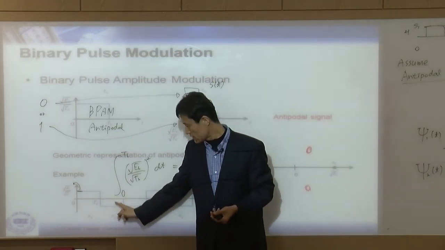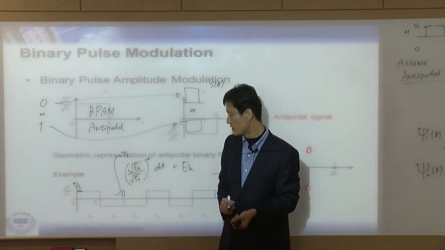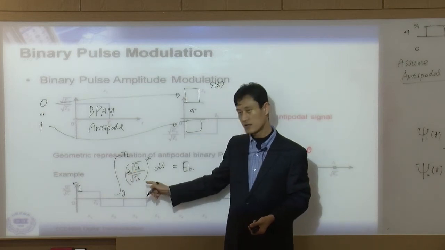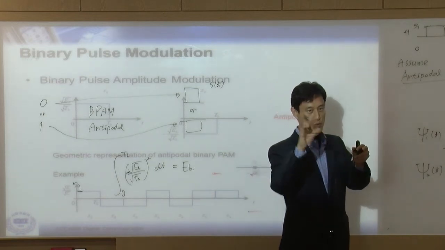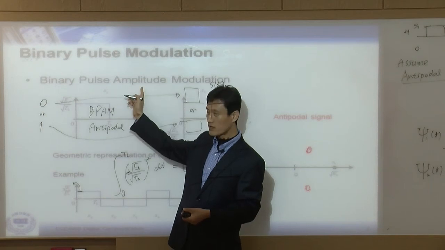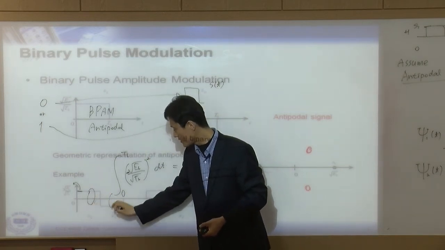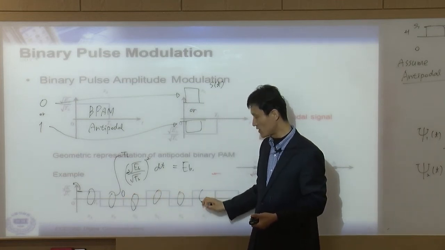What about this second symbol? The second symbol has a minus amplitude, so you get a minus here. But still you're going to get the same energy, right? Because a negative value squared becomes positive. So in this antipodal signal, every bit has the same energy. Negative, positive, positive, negative doesn't matter.